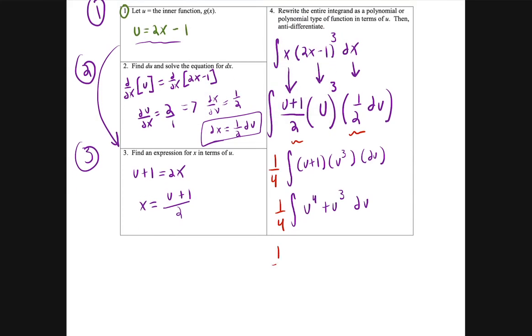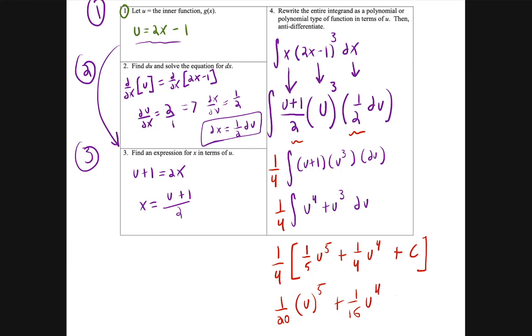All this is 1/4 times 1/5 u to the 5th plus 1/4 u to the 4th plus c. That's all. And you could multiply this all out. You could get 1/20 times u to the 5th plus 1/16 u to the 4th plus c.